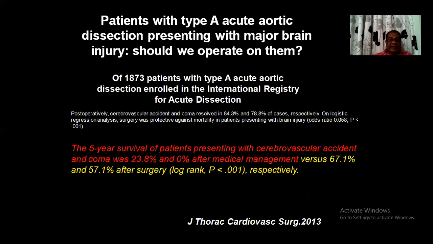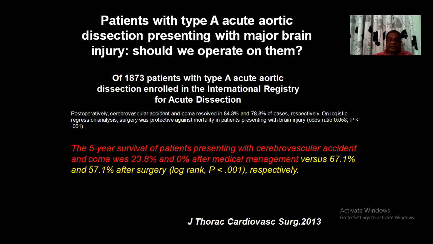So we see that the tendency is to go in favor of doing the operation. The 5-year survival rate is also very much promising. The 5-year survival rate of patients presenting with cerebrovascular accident and coma was 23.8%, and 0% after medical management, whereas with surgical management the 5-year survival rate rises up to 67.1% and 57.1% after surgery.